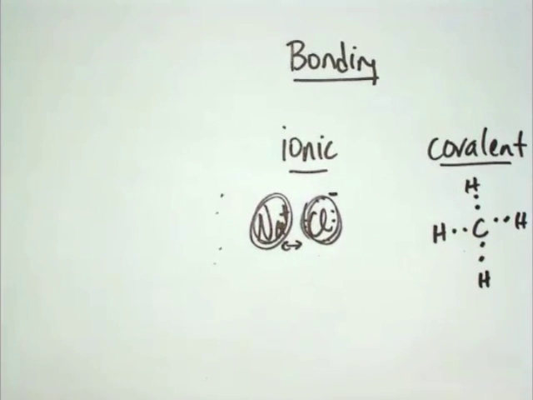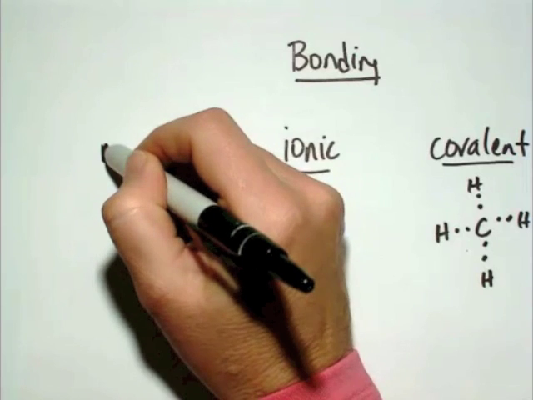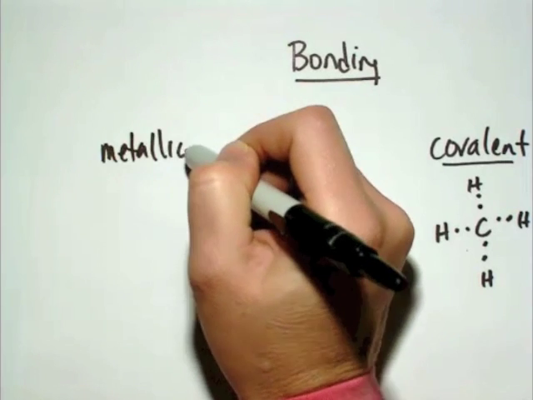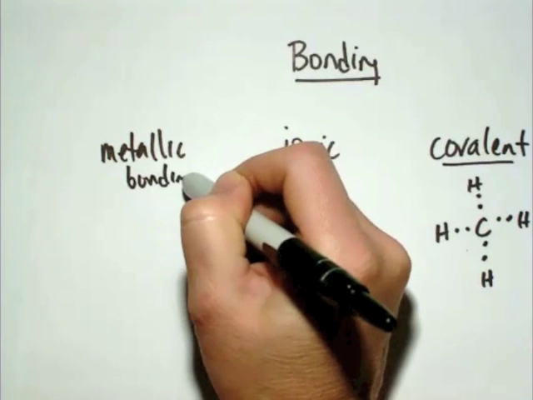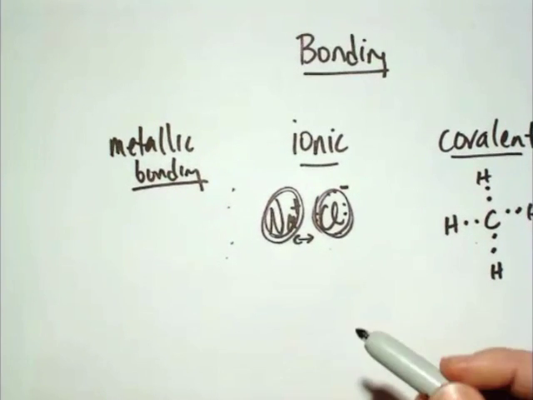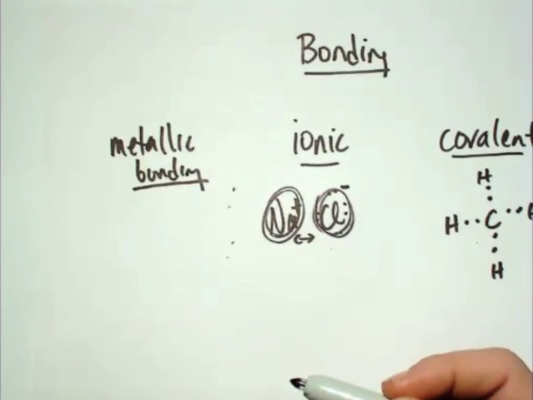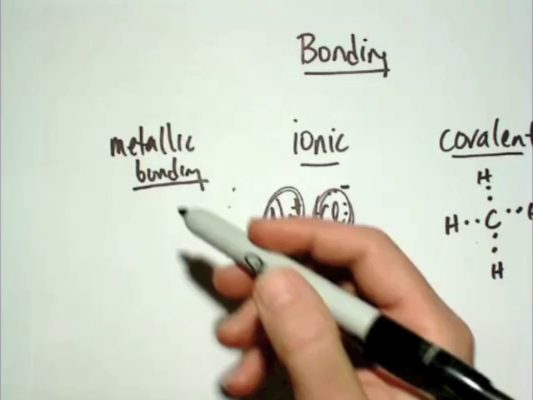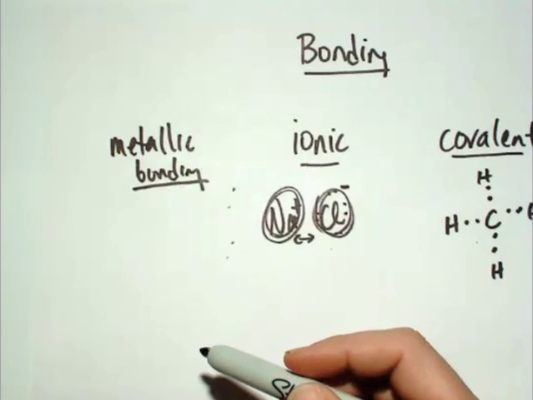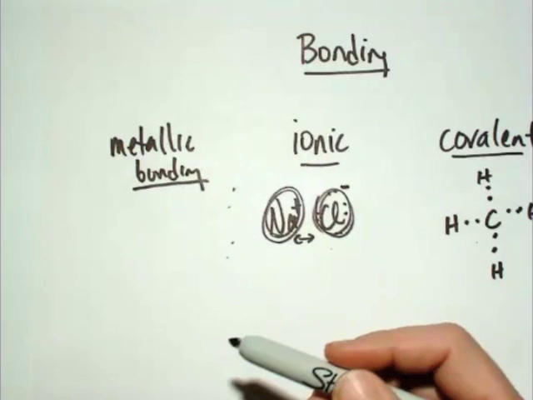Okay, the third classic type of bonding that we haven't spent a lot of time talking about is metallic bonding. And think about metals and what you know about metals. What we say is that metallic bonding is the type of bonding that occurs in pure metals or metal alloys.